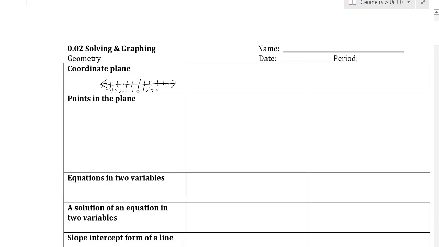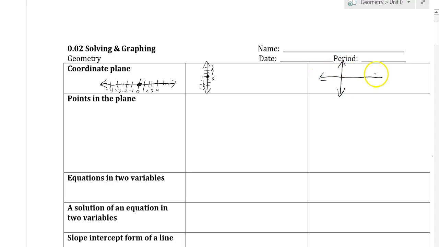And you make another number line, but this one you do vertically. Still put 0 in the middle. Positives are going to go up, and negatives are going to go down. And you make that 0 that's in the middle the same as this 0 that's in the middle. Then you have the coordinate plane.